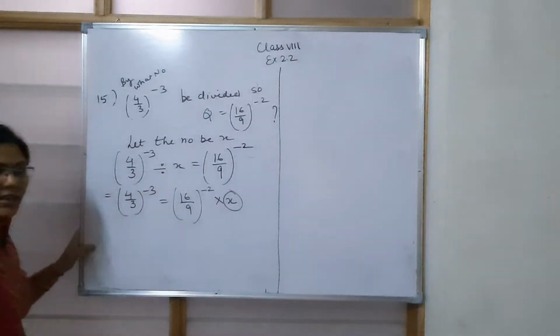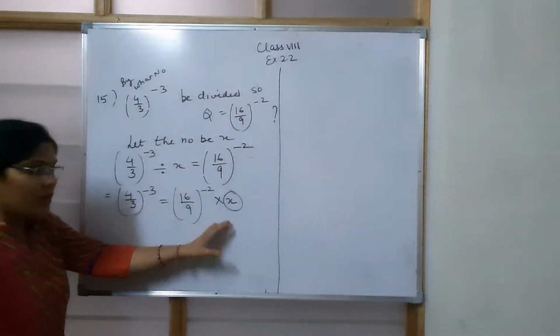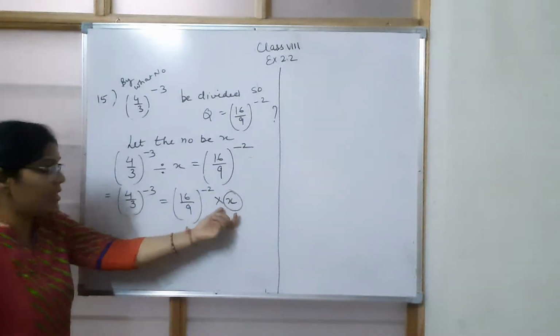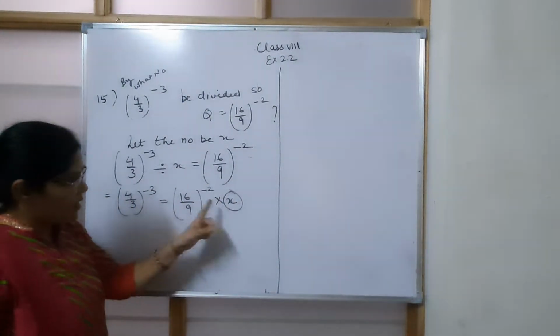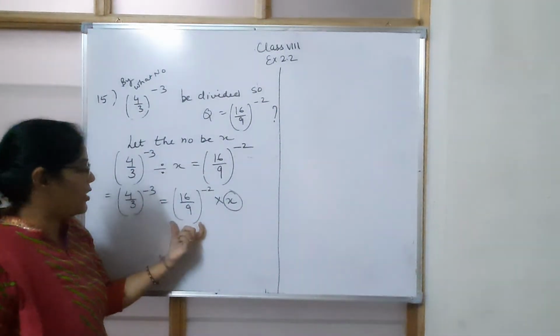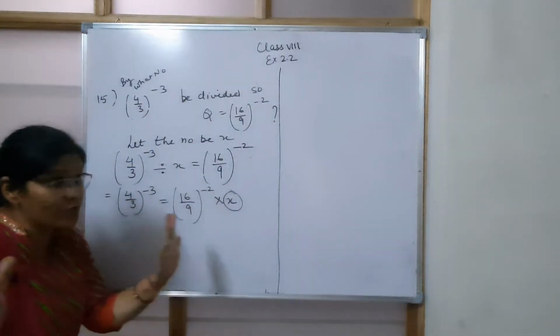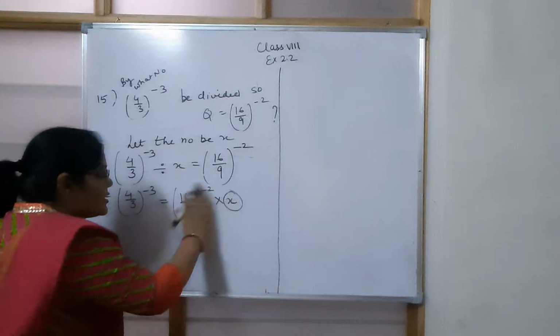Now we just need to find the value of x. If we wish to find the value of x, we have the factor of x, which is (16/9)^-2. It means we have to remove this. So we cannot just rub it, okay?